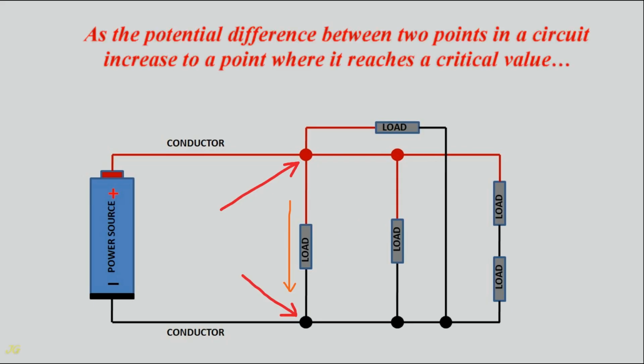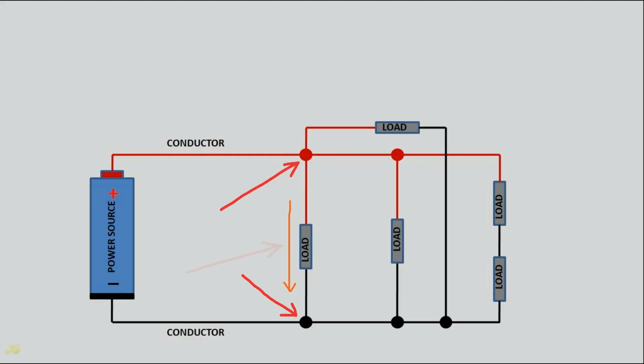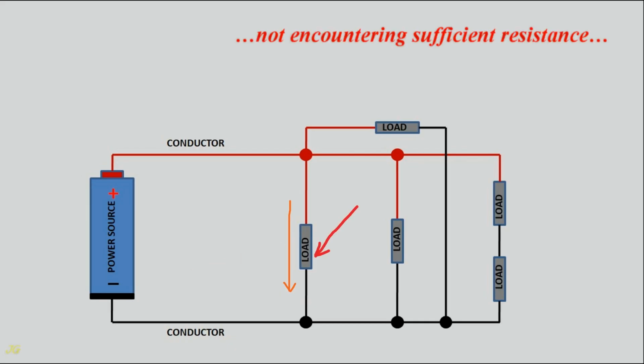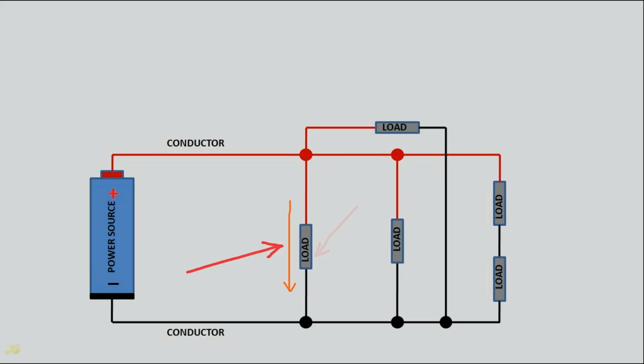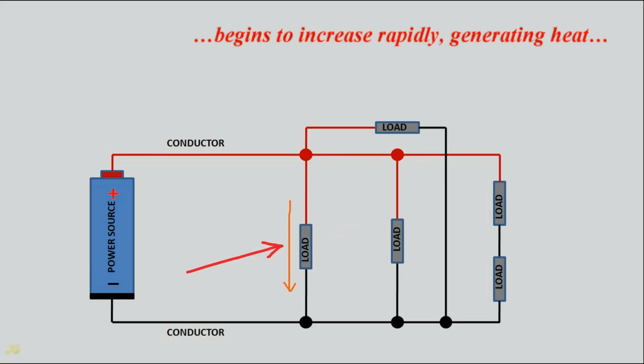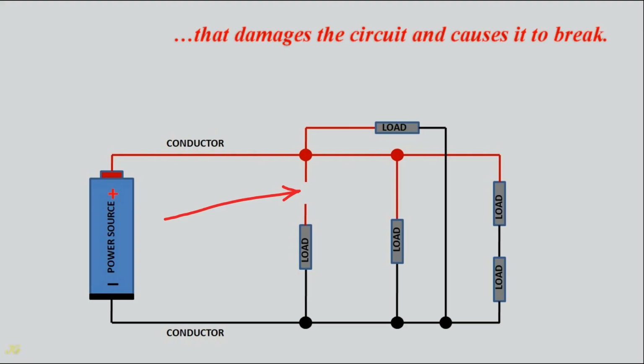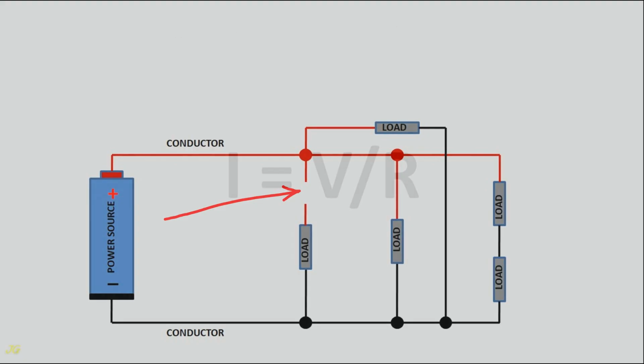As the potential difference increases to a critical value for the maximum current flow through the resistance, the current, not encountering sufficient resistance, begins to increase rapidly, generating heat that damages the circuit and causes it to break.